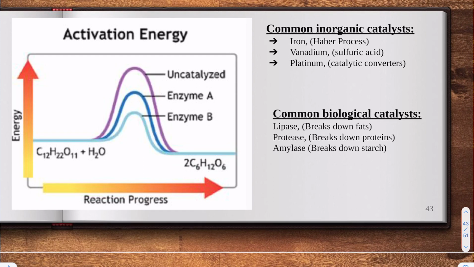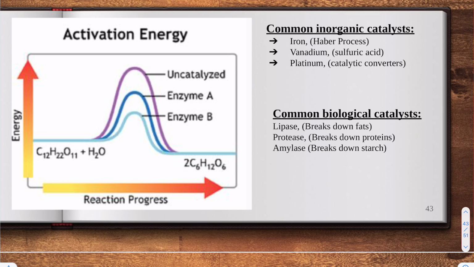So enzymes are biological catalysts. In our bodies, we produce a ton. So lipase, protease, and amylase, we produce them in our bodies. And the thing to remember about the inorganic catalysts, or the non-living catalysts, that's the ones that are mostly used in industrial processes, is they are transition metals or the oxides of transition metals.